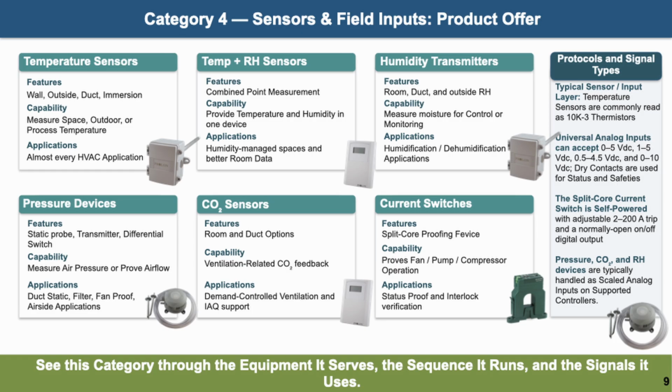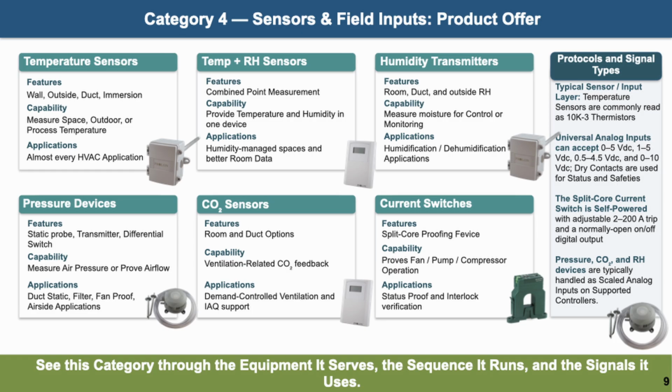Some provide continuous measurement, such as temperature, humidity, pressure, or CO2. Others provide proof or status, such as current switches used to confirm that a fan, pump, or compressor is actually running. This category is critical because control quality depends directly on input quality.